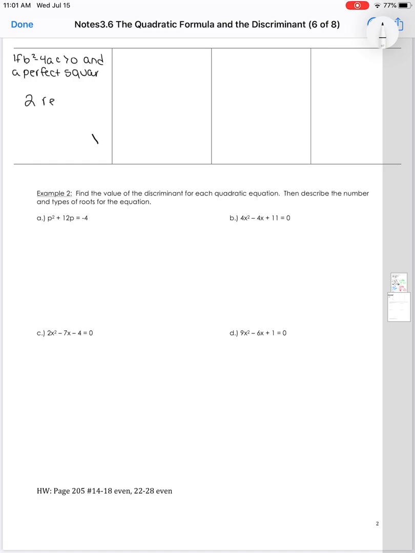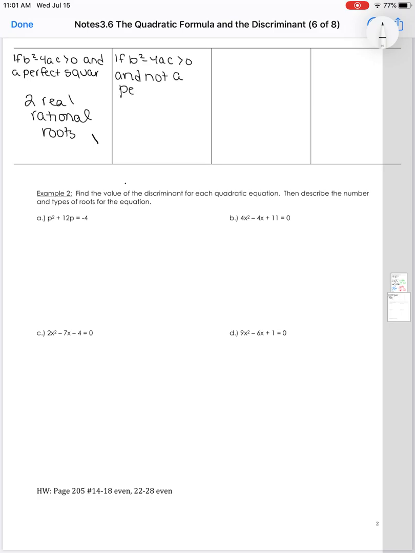Okay, if the discriminant, or b squared minus 4ac, is greater than 0 and a perfect square, then you're going to have 2 real rational roots.